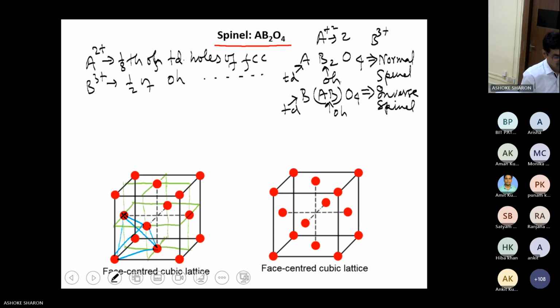This one, don't consider, because this is at the back side cube.